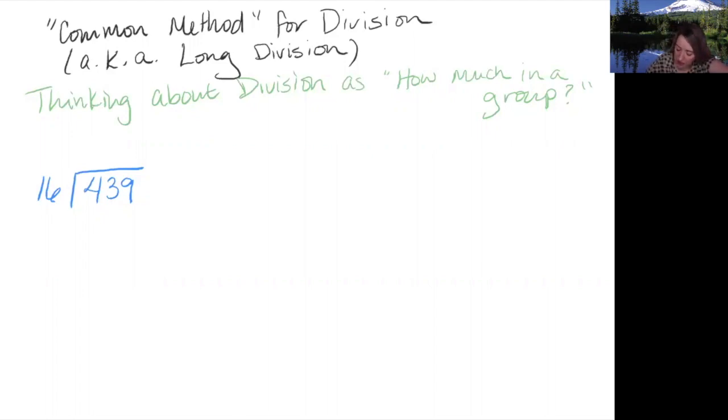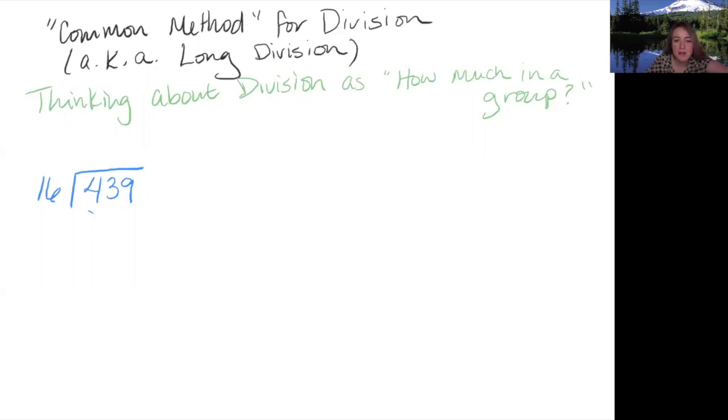So one thing that's interesting is I'm going to start by asking, can I put 16 into 4? That is actually misleading language, because that would be 16 going into something, thinking about division as how many groups.